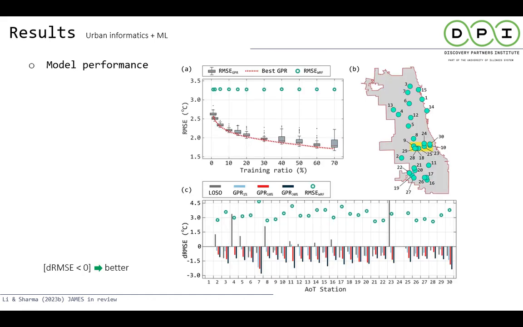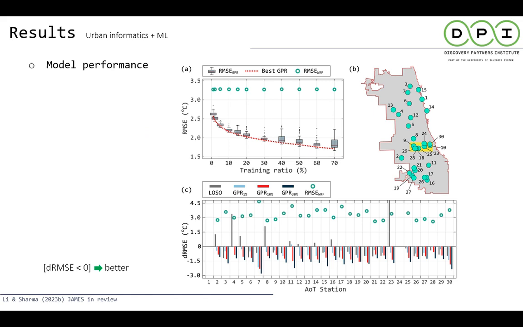And on this slide, I showed you the model performance with regard to the training ratio, meaning how much data we feed the model, and also the spatial variation of the data. One thing I would like to mention is that the model performs differently at different locations. For example, station 23 here around the campus of the University of Chicago actually performs really badly if we train the model without the data from here.